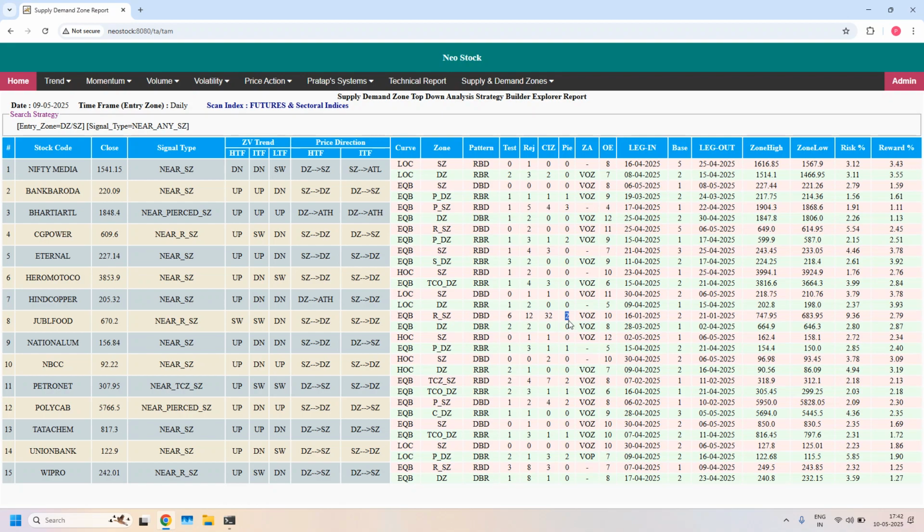Jubilant Foods is a PR zone, so it is not valid for HLQ zone strategy. Next, Wipro is having a daily high liquidity supply zone. So we identified 2 valid daily high liquidity supply zones from this list.